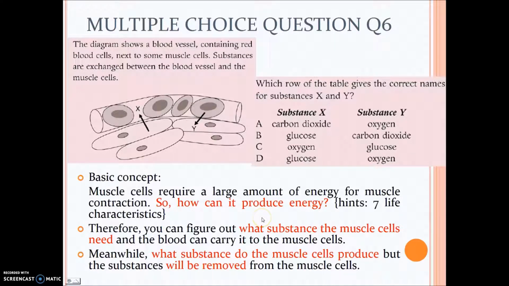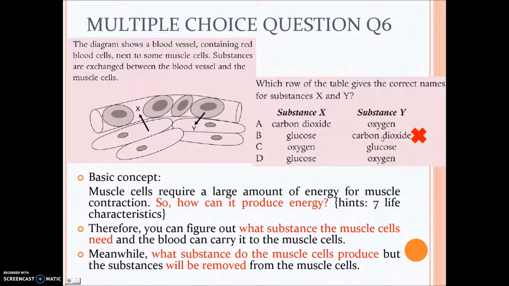And then if you figure out that particular life characteristic to release energy, you will figure out what substance the muscle cells need, and the blood can carry this substance to the muscle cell, and it would be substance Y. And then we must be able to eliminate one choice as well. It must be the carbon dioxide.